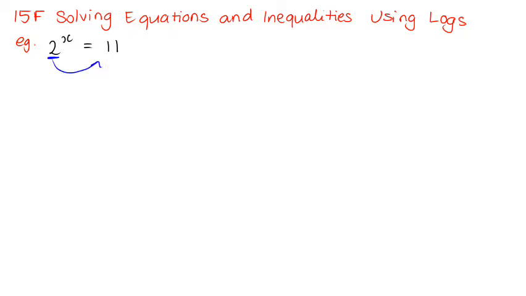What would it become? Log base 2. Yeah, log base 2, and then you raise the 11 up. So we're left with x. Our base of 2 becomes the base of the log, and we don't raise up the 11. The 11 is just the number. So x equals log base 2 of 11.